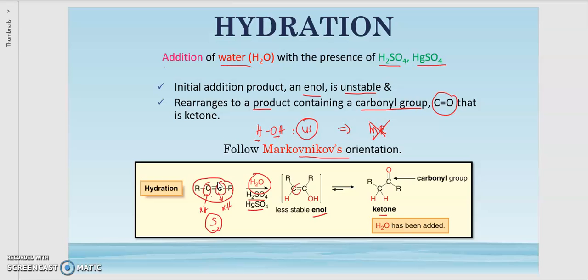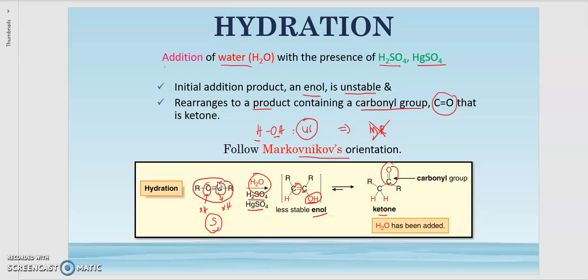Enol means that you have a double bond and an OH group. So this structure is less stable, so rearrangement will occur. The carbon that contains the C-OH bonding will be converted to C double bond O bonding.